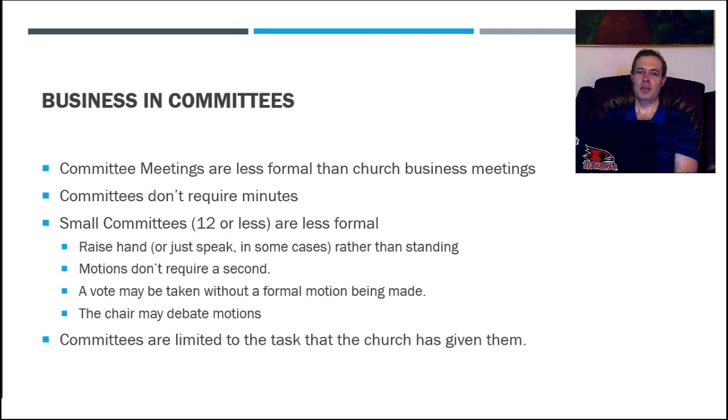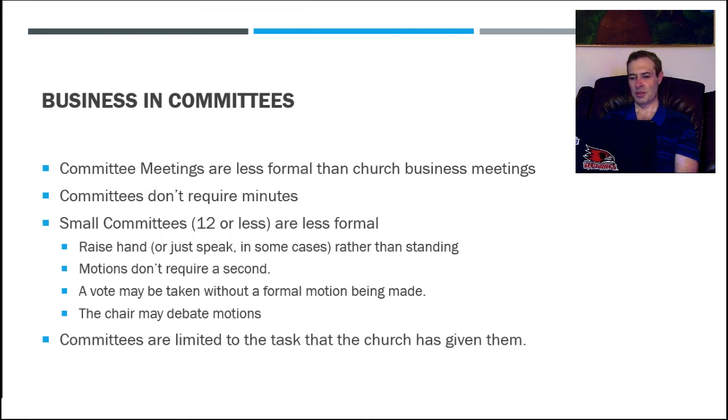So you may have a discussion about something, and at some point it's obvious what people want to do, what people want to consider. You discuss this for a while. The chairman may basically just state a motion and say all in favor of, and maybe even all in favor of what we've been discussing, sometimes in a small committee.